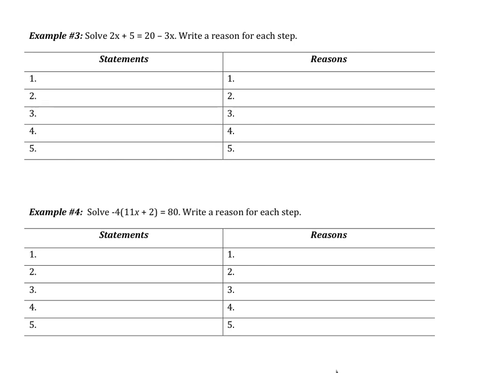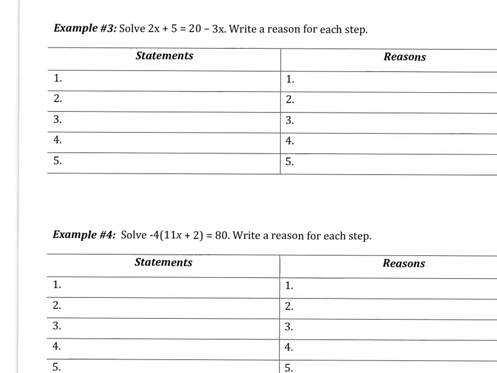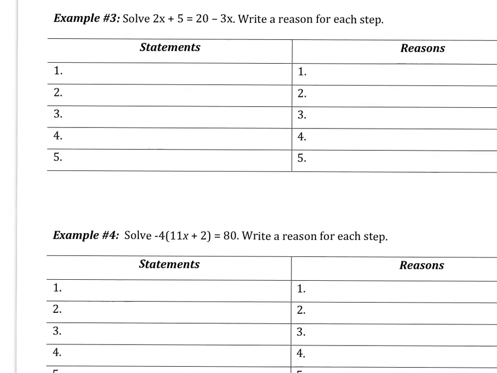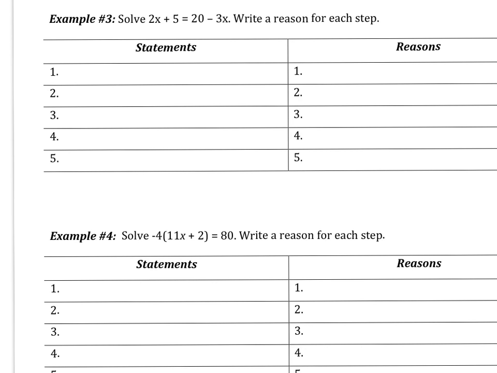All right, so the very first thing you do, the very first line, is you always start with what is given to you. So in example number 3, I would start out by rewriting the equation. I would simply write 2x plus 5 equals 20 minus 3x.